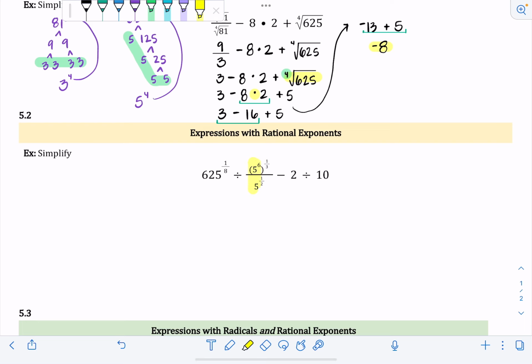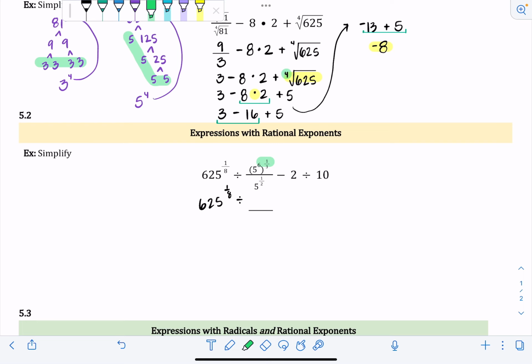But I'm going to simplify that grouping symbol. So I'm going to bring down the 625 to the 1/8 power, and then divided by... I'm just going to go ahead and simplify this part next, so the 6 to the 1/3 power.